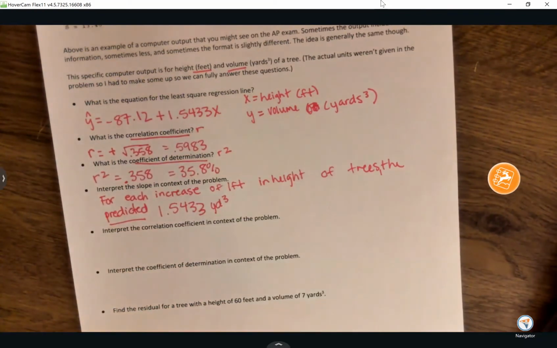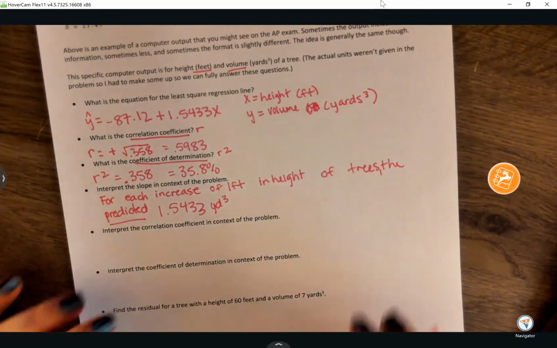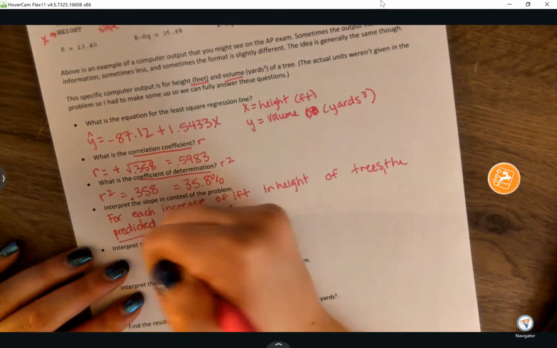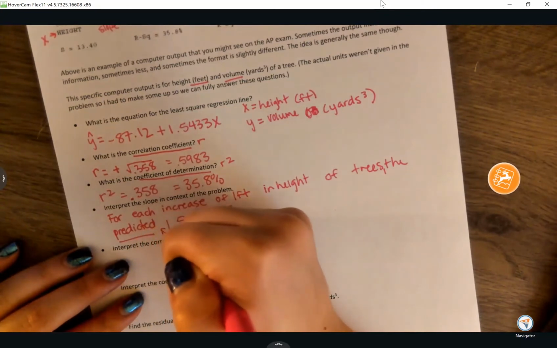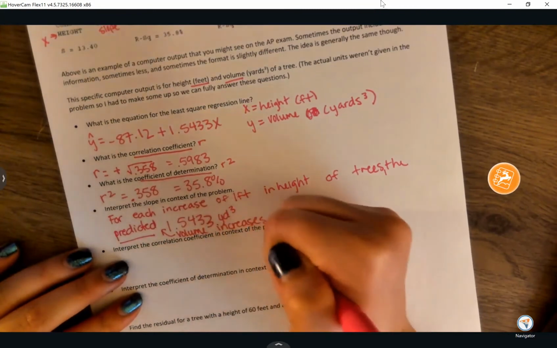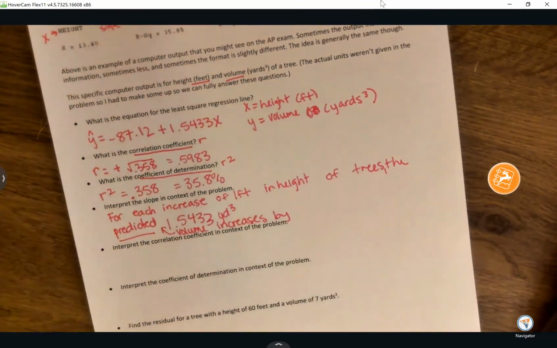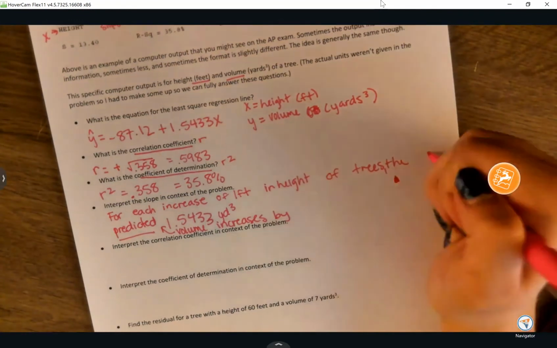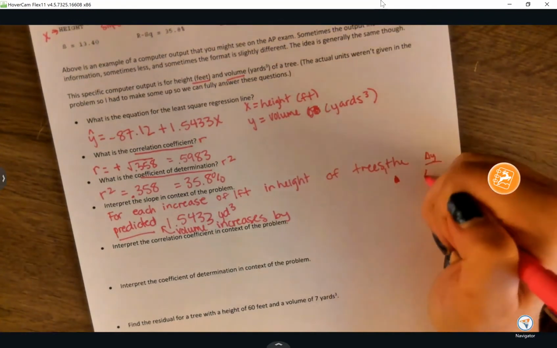That doesn't make sense. The predicted volume increases by 1.5433 yards cubed. That makes more sense. Remember, slope is change in y over change in x.